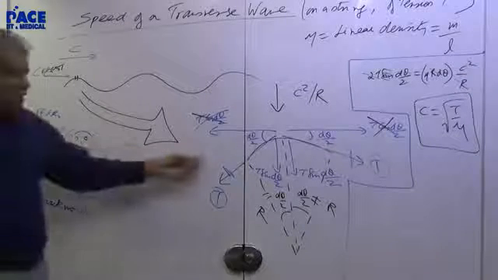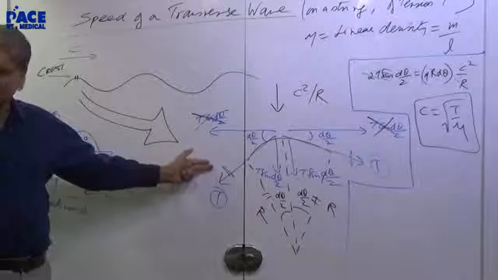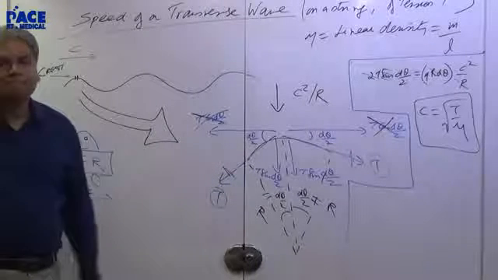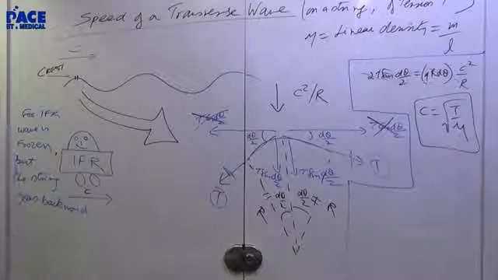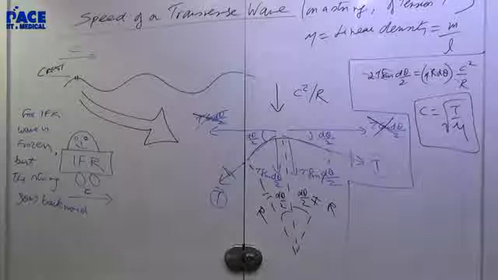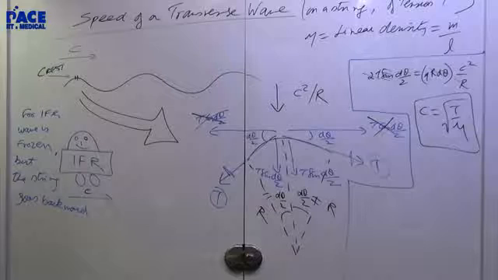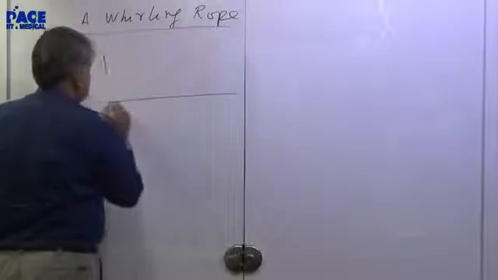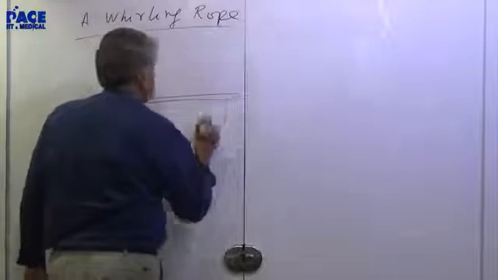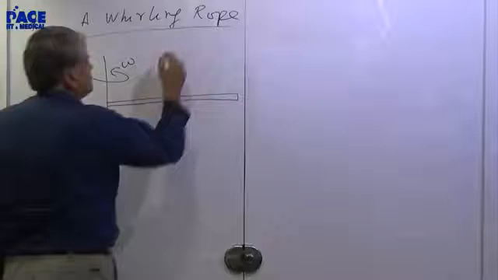And that's a popular resolution along a circle. We have done this, I think, somewhere. Yeah, let's assume a rope which is spinning like this with omega.